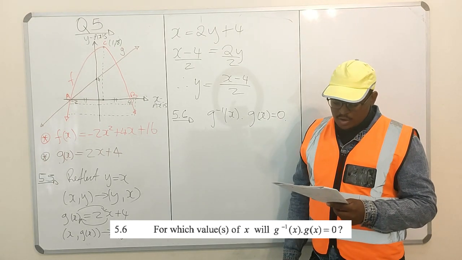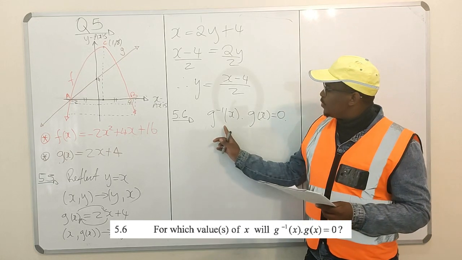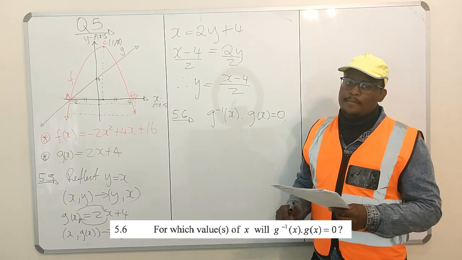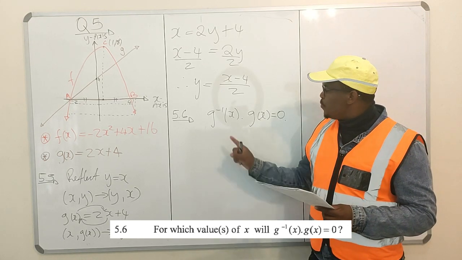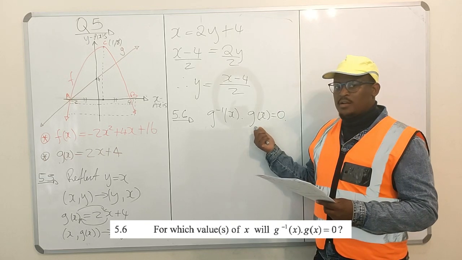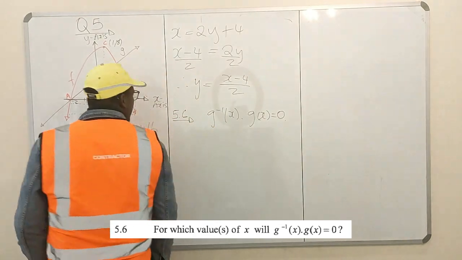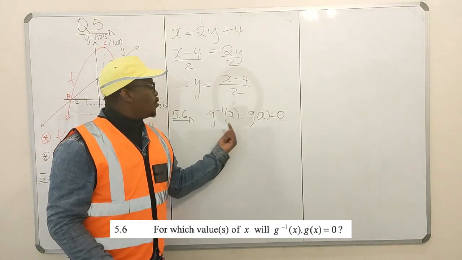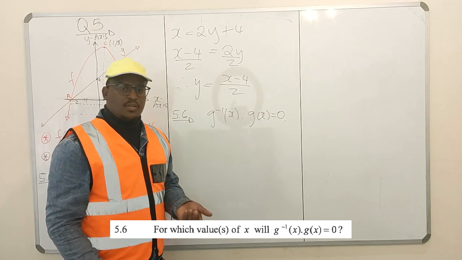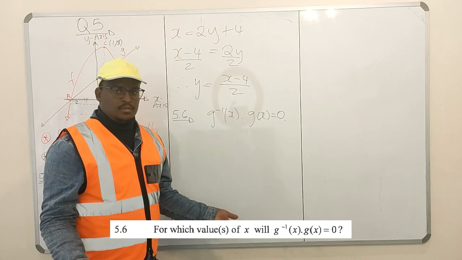5.6 reads as follows. For which values of x will the product of the inverse and the original be 0? What are the values of x for which, when you multiply your inverse and your original, the product is 0? Right? So, in order to get the product of 0 between these two functions, at least one of them should be 0 at that point or at those points.